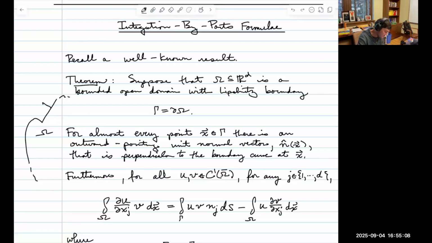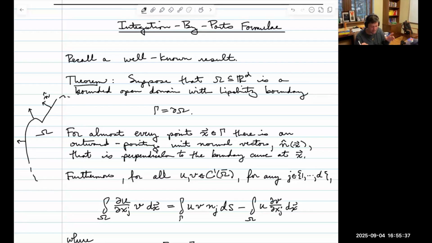We have unit normals for this boundary pretty much everywhere, right? Except it turns out for a Lipschitz boundary, it's a nice boundary, but it's like the minimal nice boundary that you could possibly have.